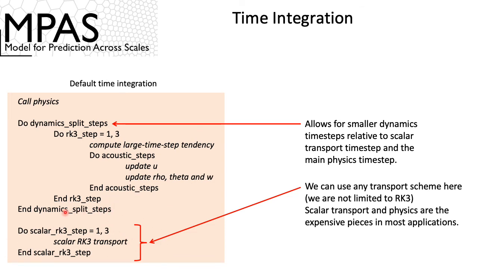So we take a number of dynamic steps for each scalar transport step, because the stability of this is more severely limited in that time split approach than that of the scalar transport.